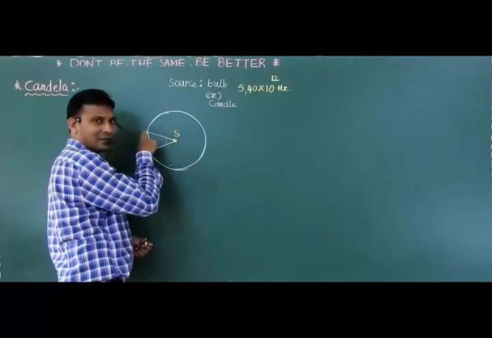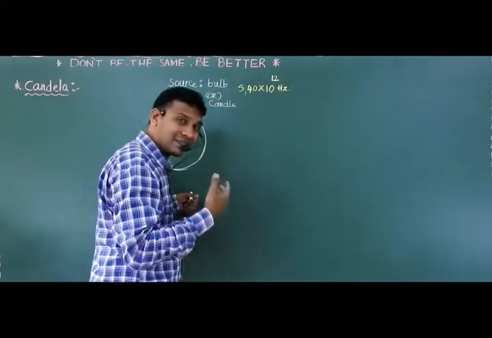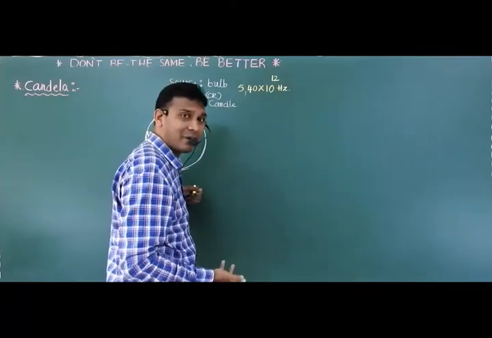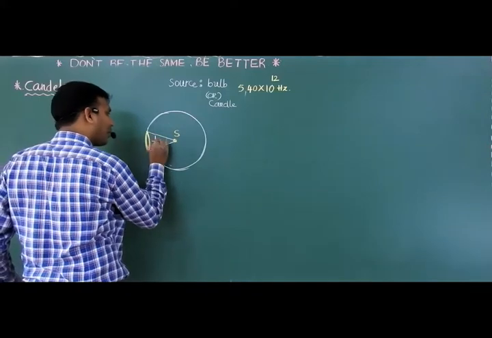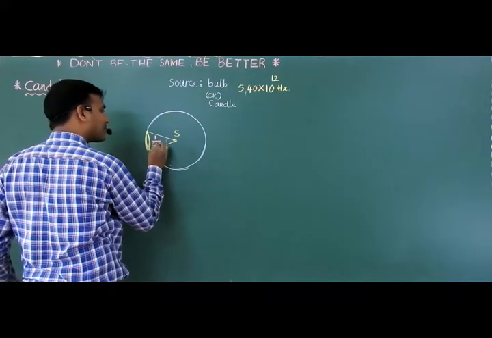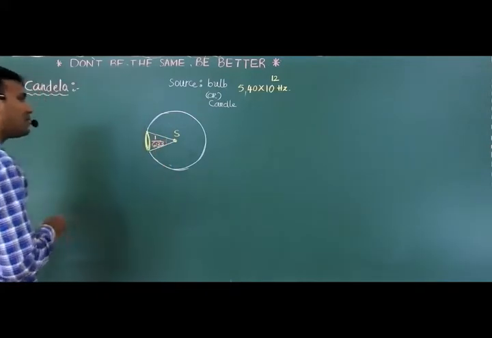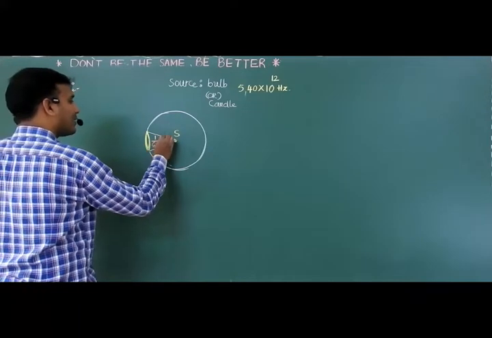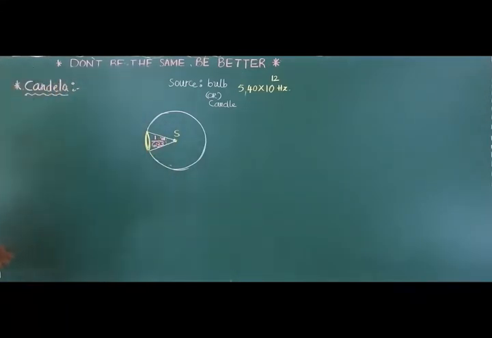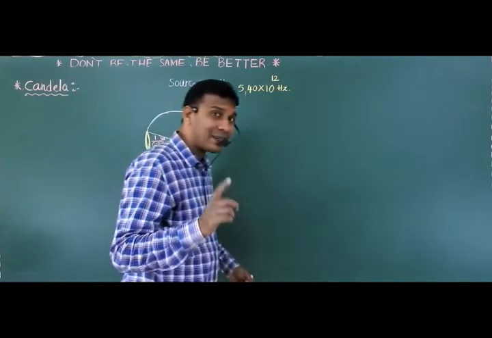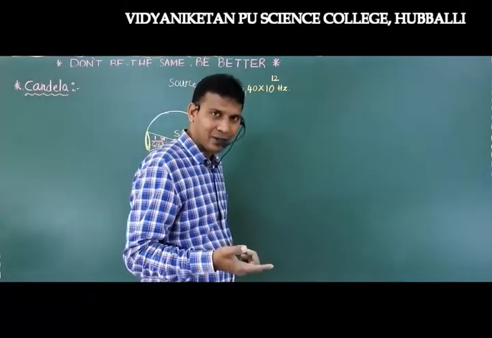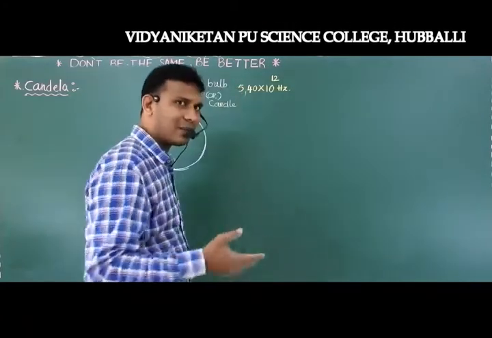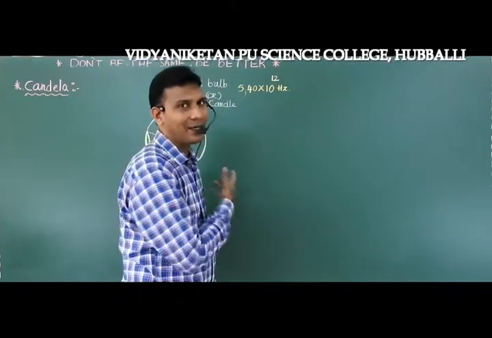Per unit surface area, it emits the intensity of radiation that is 1 upon 683 watt. So what is watt? Watt is a unit of power. The SI unit of power. Right? So power is nothing but work done by time.